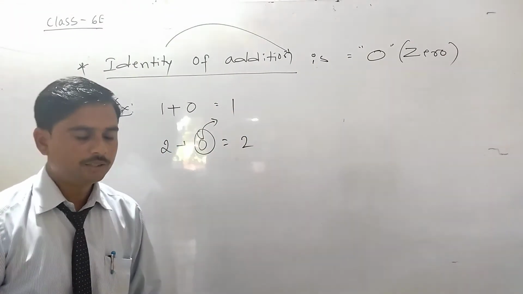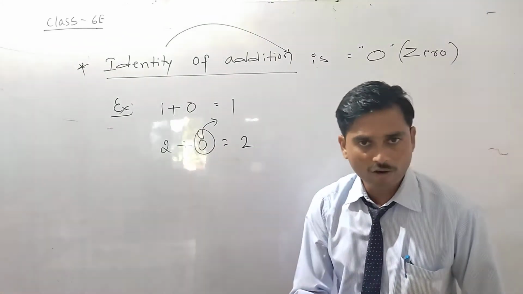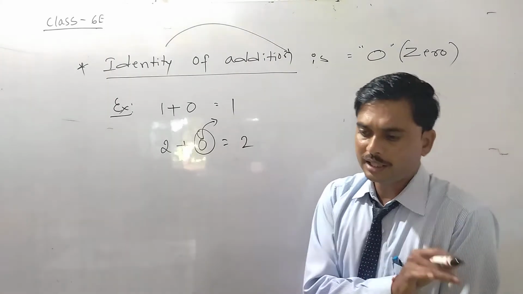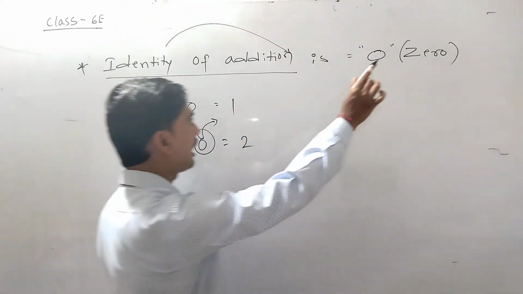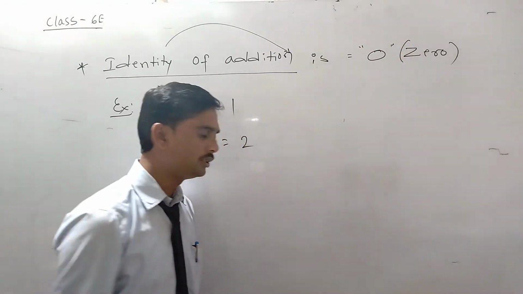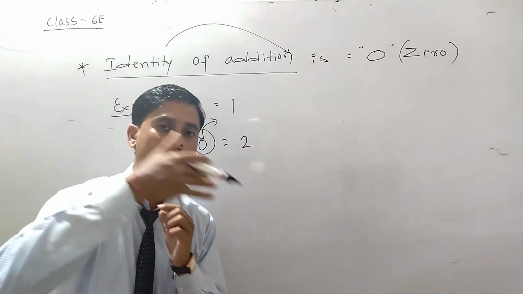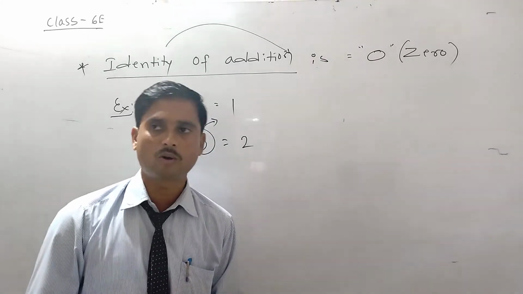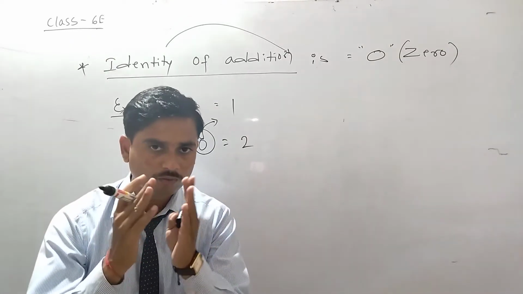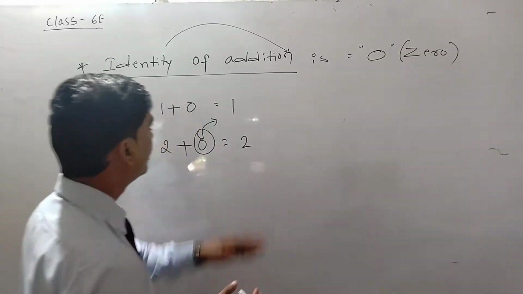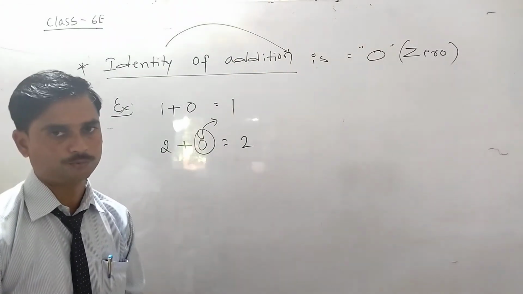Remember dear students, always in your mind, this is a 1 mark question: which is the identity of addition? You should write there, 0 is the identity of addition, because we take a 0 and add any number with the 0, the answer is that number only. 0 has no value.